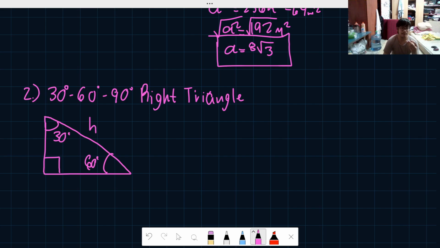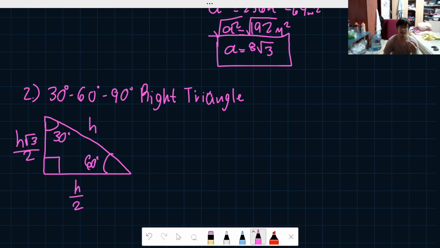You have a given hypotenuse. If you want to find the measurement of the side adjacent to 60 degrees, all you need to do is divide the hypotenuse by 2. If it's beside 30 degrees, you multiply the hypotenuse by square root of 3 and divide by 2.